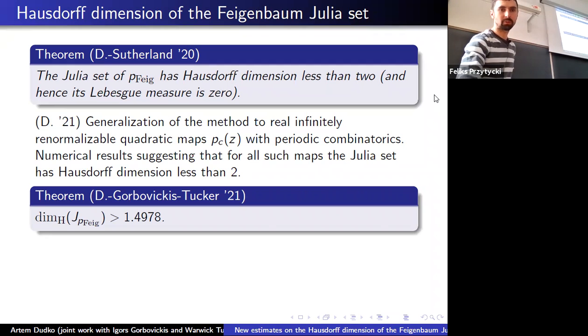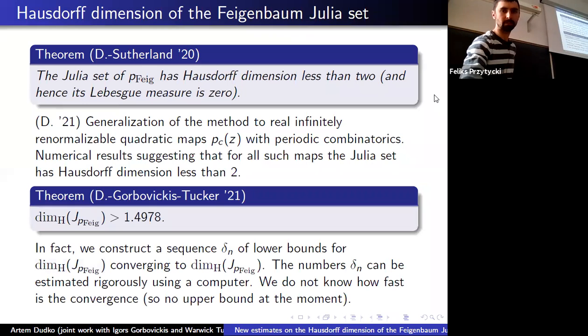So today I will talk about estimate from below. In fact, we construct a sequence delta n of lower bounds for the Hausdorff dimension of this Julia set. These lower bounds converge to this dimension. We know that they do, but we don't know how fast this convergence is, unfortunately.